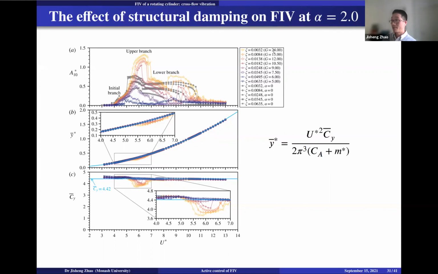I have a damper, the G, which represents the gap of the damper elements. Anyway, you don't need to worry about that. We can change the structural damping by just about 20 times.